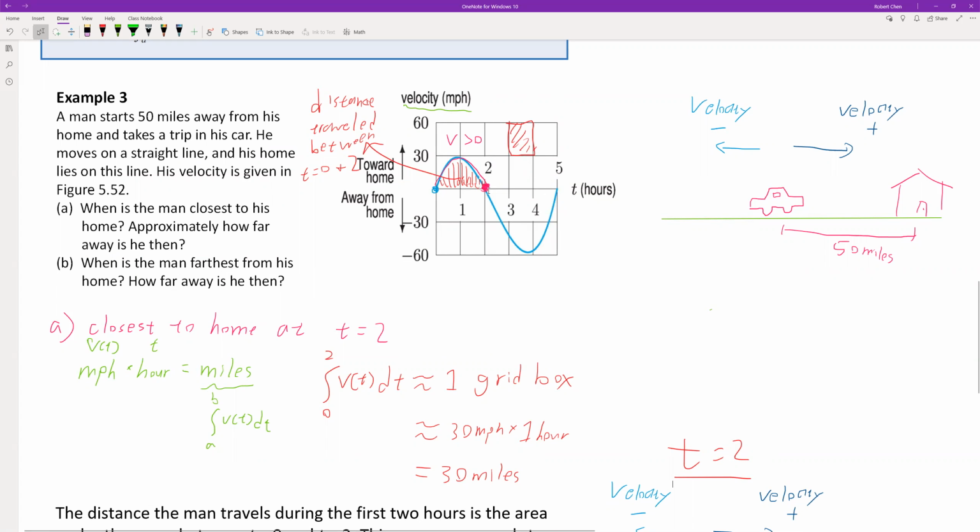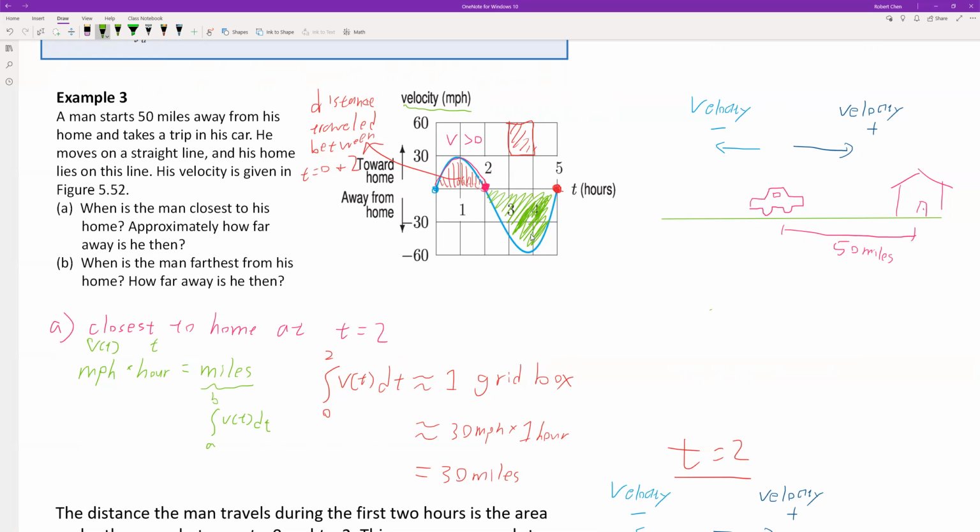Okay, so if he is traveling away from his house, then the longer he travels, the farther he is from his home. So we're just going to take the last one, when t is equal to 5. That's where he is furthest away from home. And the distance that he traveled away from home will be the green area here, just like part A. We'll get into the details of how to approximate that as well.